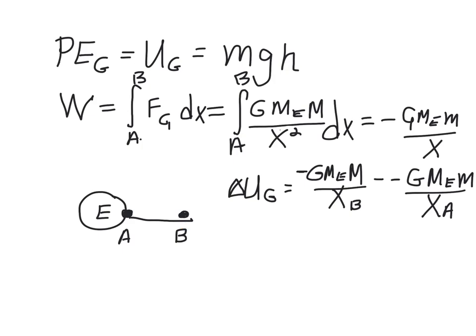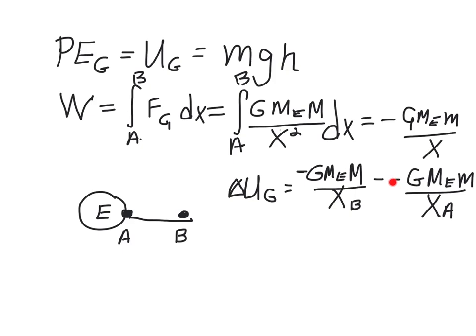And so when we integrate dx over x squared, we get negative 1 over x, evaluated between A and B. So the change in gravitational potential energy from A to B is minus G M_E m over x_B, minus a negative G M_E m over x_A. This will be the bigger number.